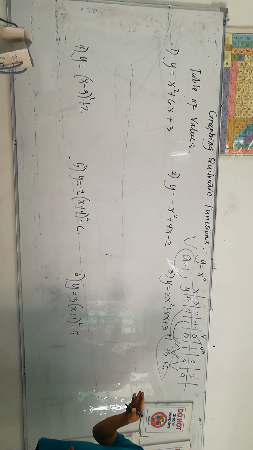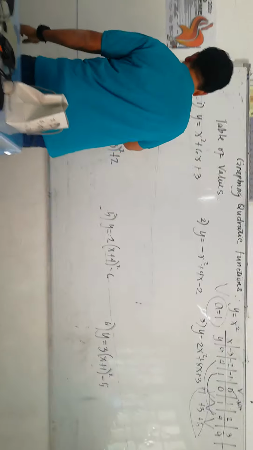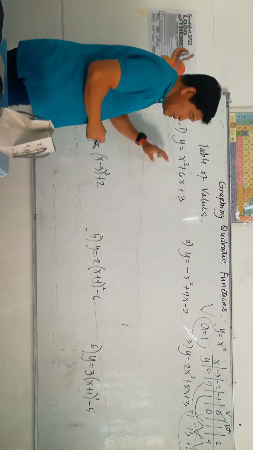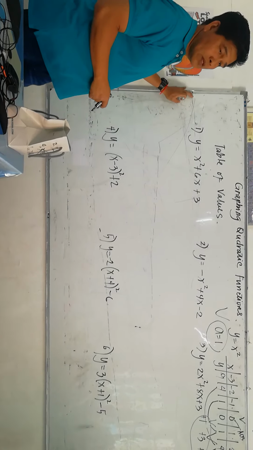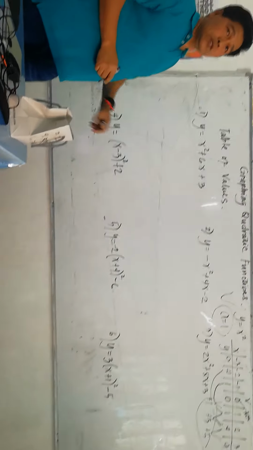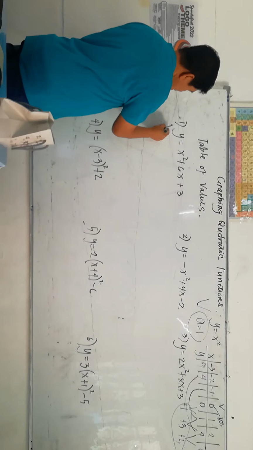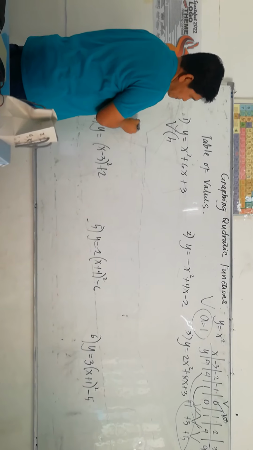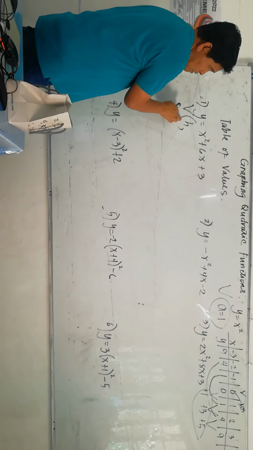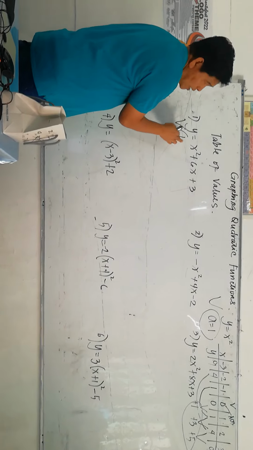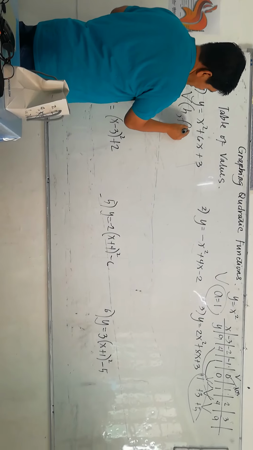Okay, so let's start with number 1. The function is y equal to x squared plus 6x plus 3. When you are making a table of values, your focus is on the vertex. The vertex is at h, and we will plug in this h to get the minimum or the maximum value of the function, that is your f of h.